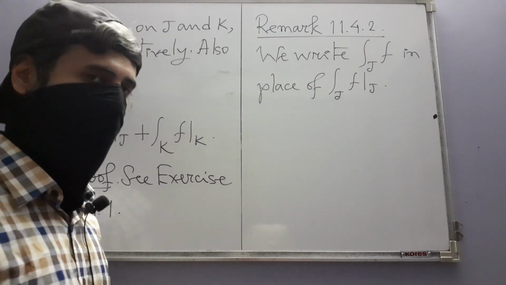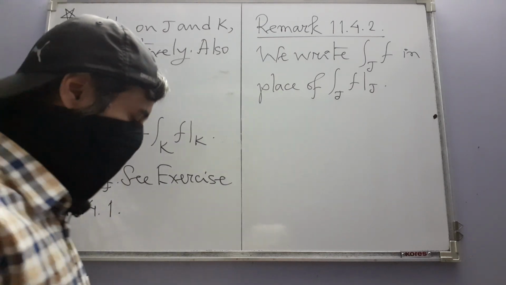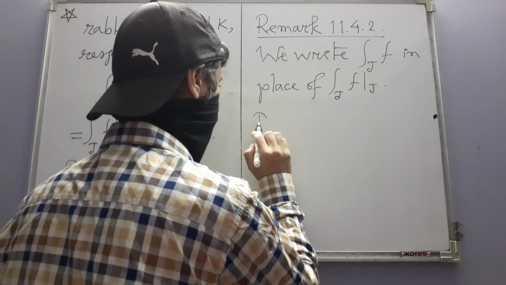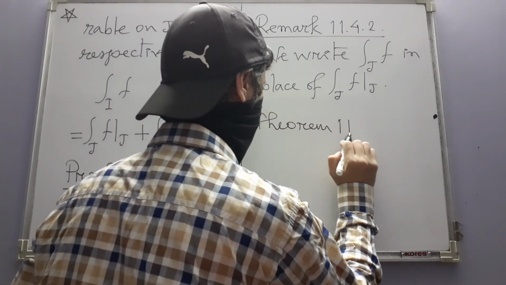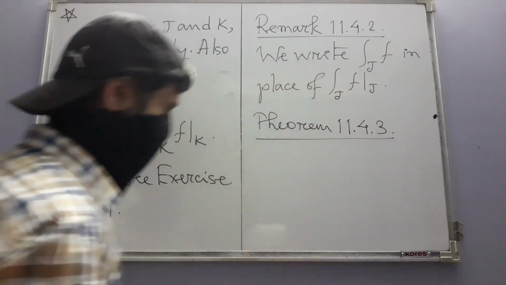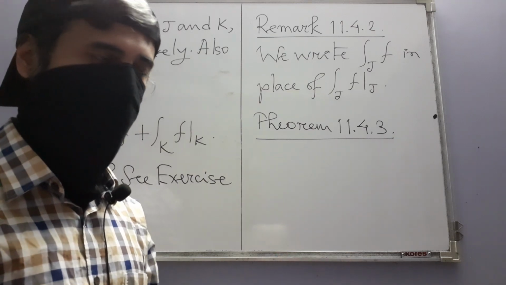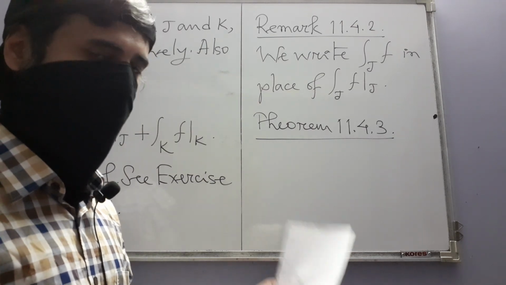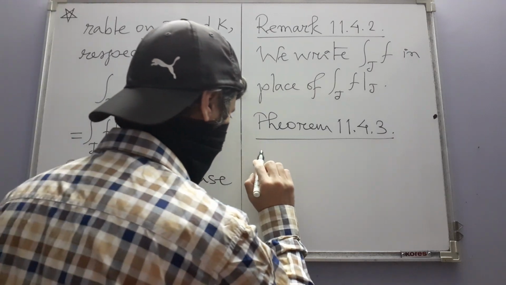So the next result gives us two such ways. This is Theorem 11.4.3. It has a name also, like minimum and maximum preserves Riemann integrability. I am not going to write that. Instead, let's just see the result.